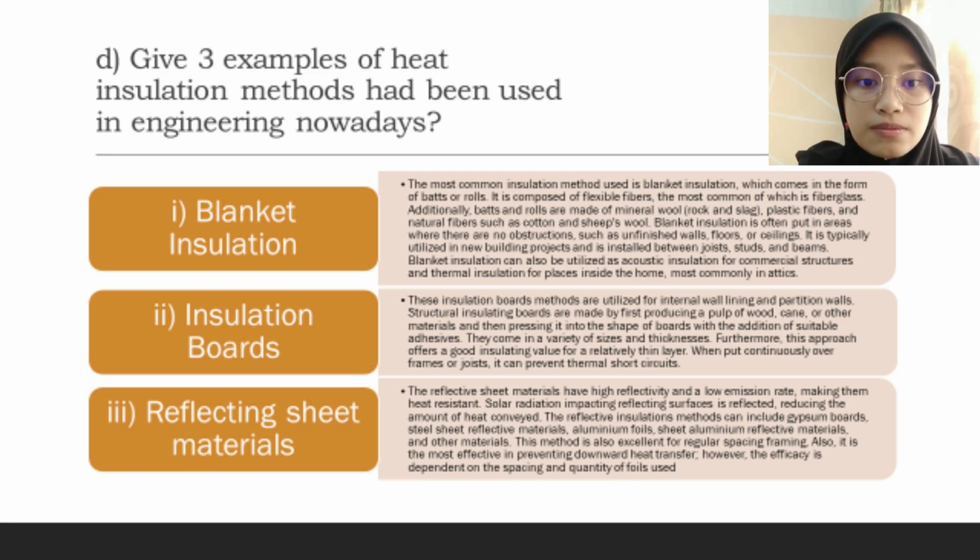The reflecting sheet materials have high reflectivity and a low emission rate, making them heat resistant. The reflective insulation method can include gypsum board, steel sheet reflection material, aluminum foil, sheet aluminum reflection material, and other materials.